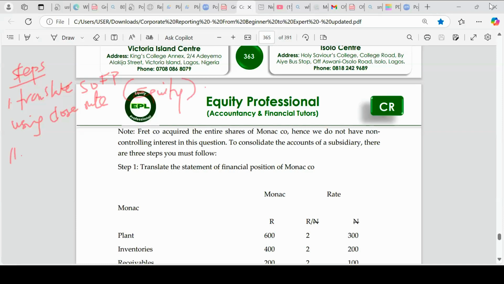Number two is to translate the SOPL of the subsidiary. Translate it using the average rate.